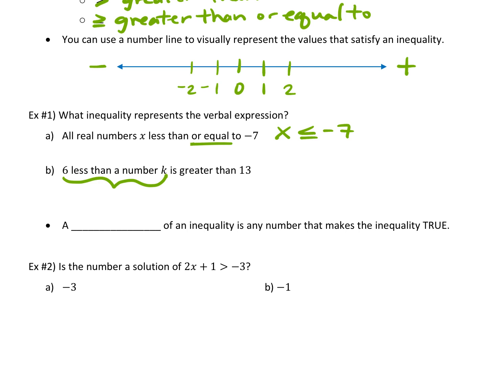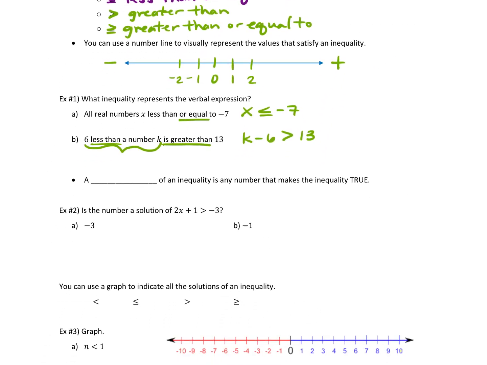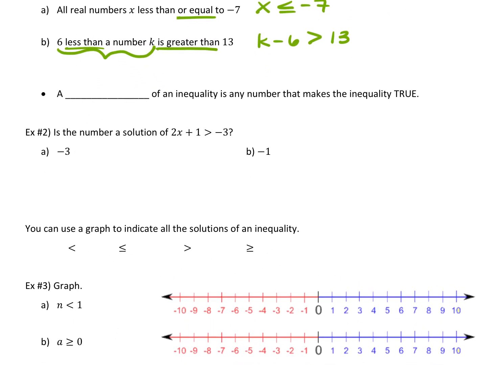It's saying 6 less than a number k. So that's k minus 6 is greater than 13. Okay, so just pay attention to the wording and what that means.